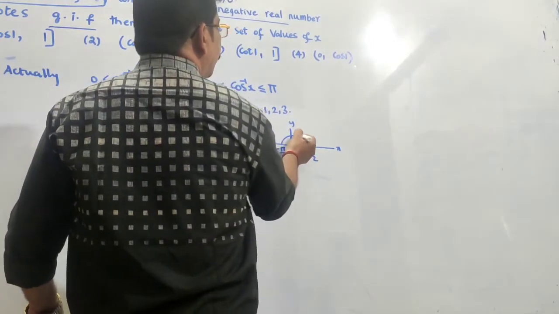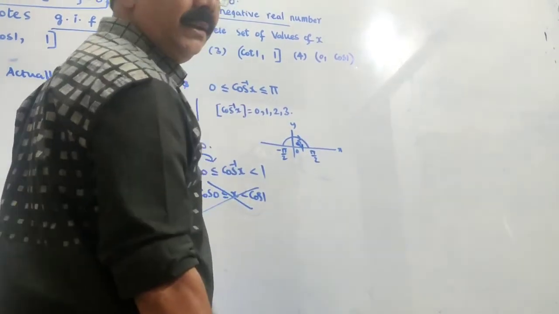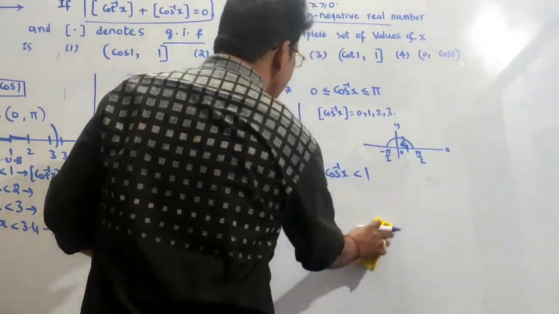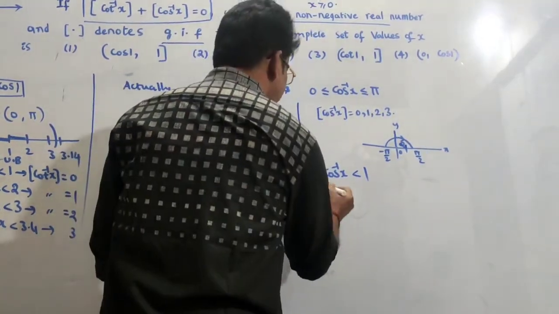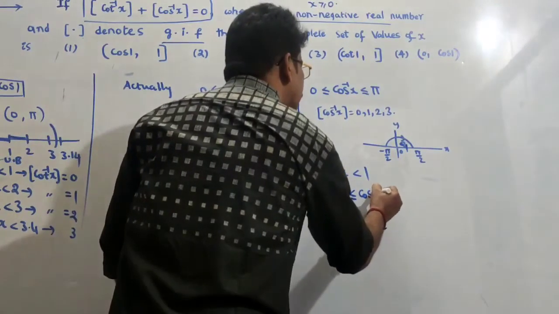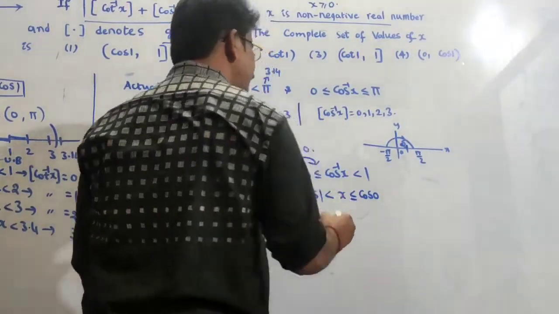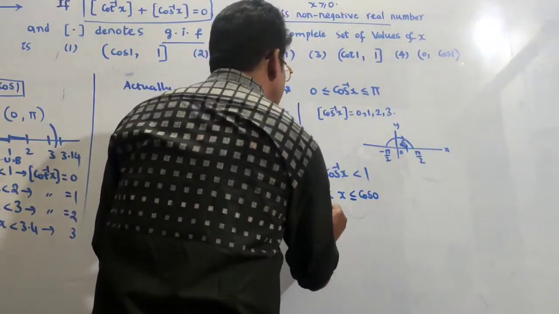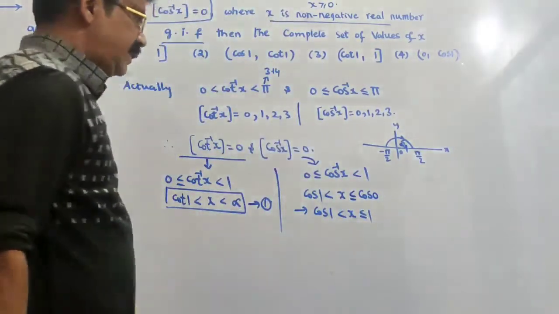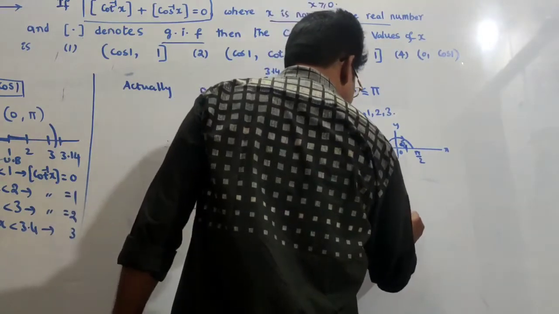It is 0. So it is a decreasing function in the first quadrant. Therefore, we write cos 1 less than x less than or equal to cos 0, which is 1. So this is the second statement.